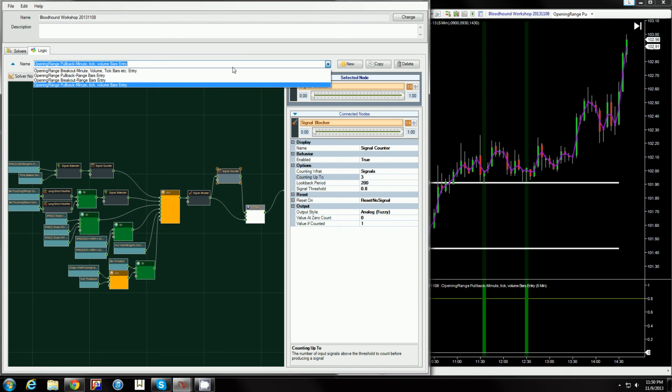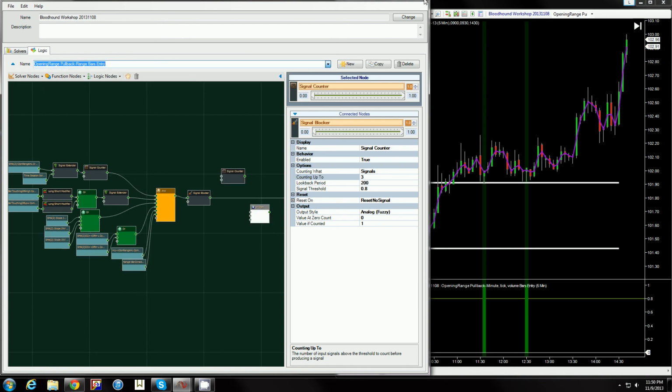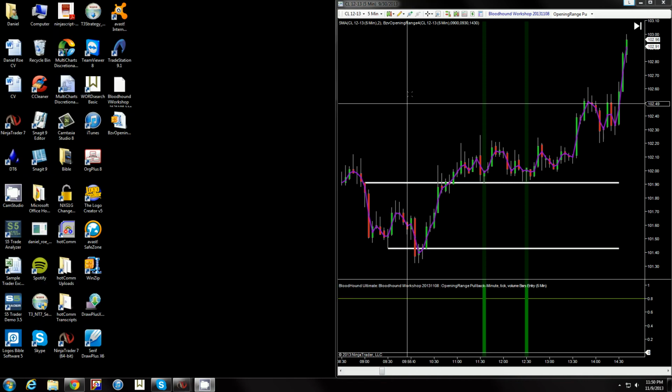Now let's go to the range, opening range pullback. Let me add a range chart here.